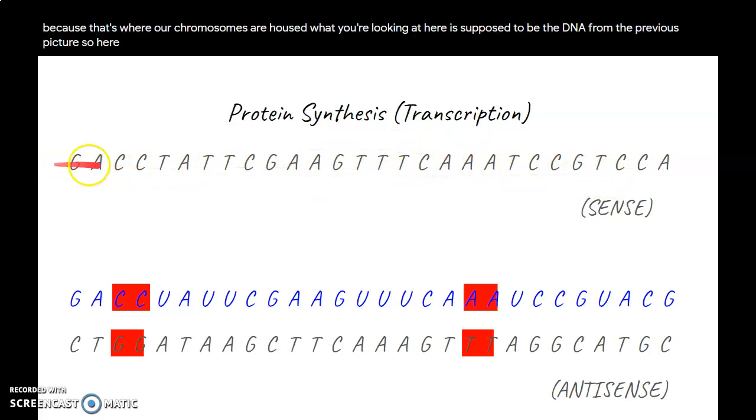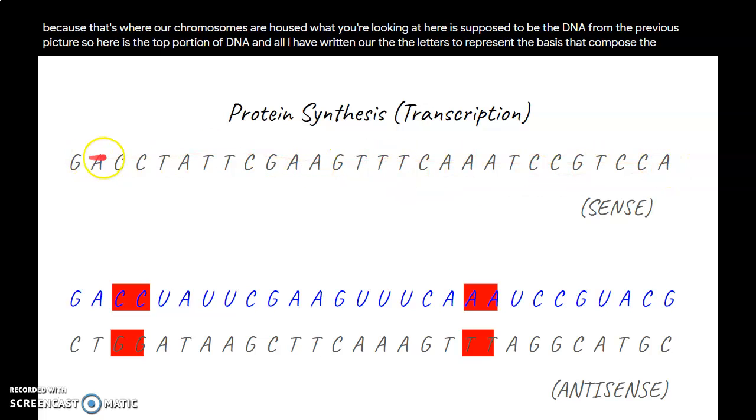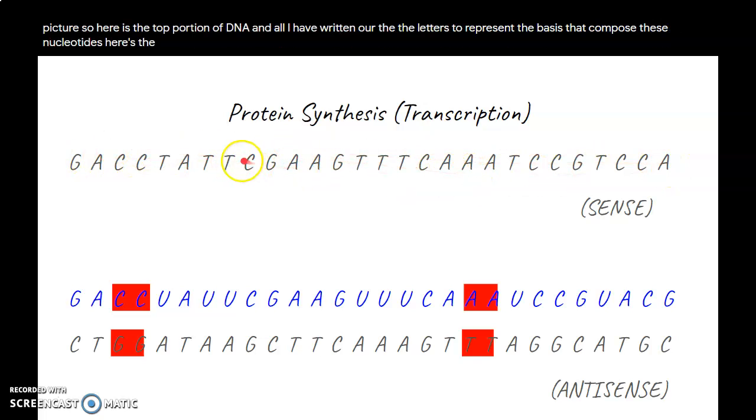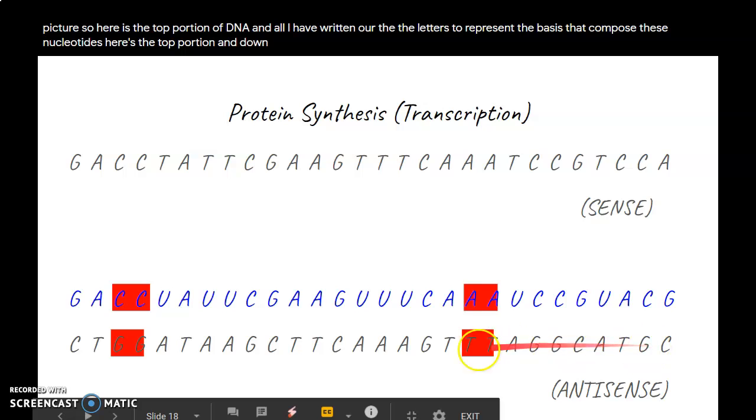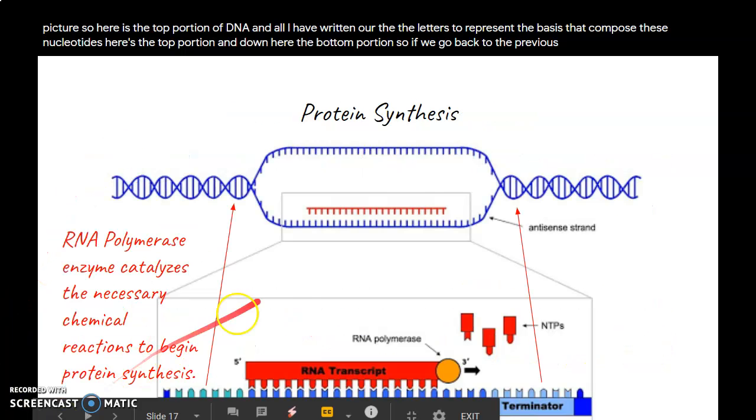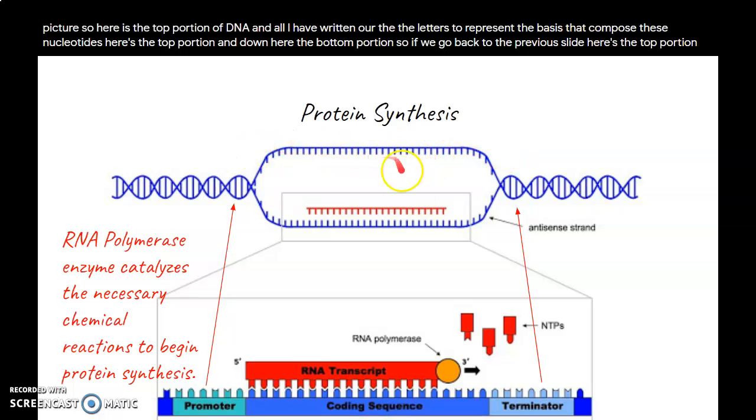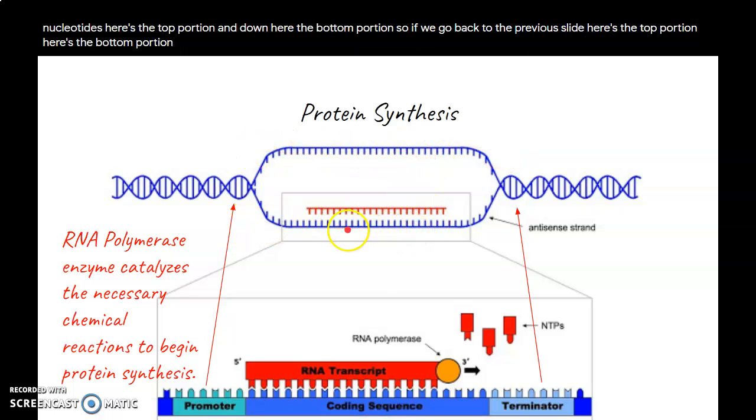So here is the top portion of DNA, and all I have written are the letters to represent the bases that compose these nucleotides. So here's the top portion, and down here the bottom portion. So if we go back to the previous slide, here's the top portion, here's the bottom portion.